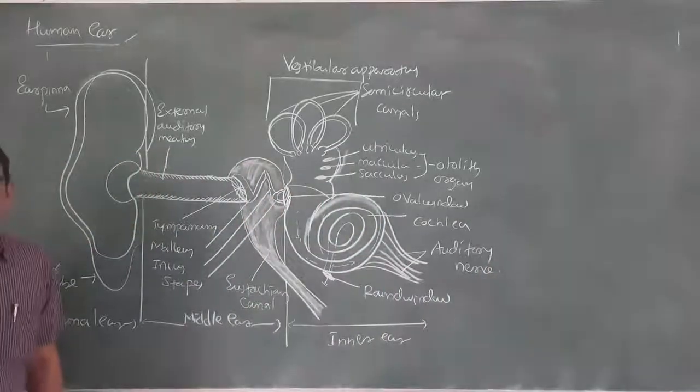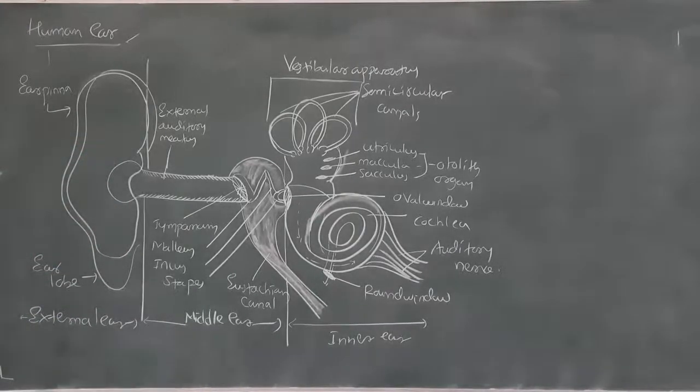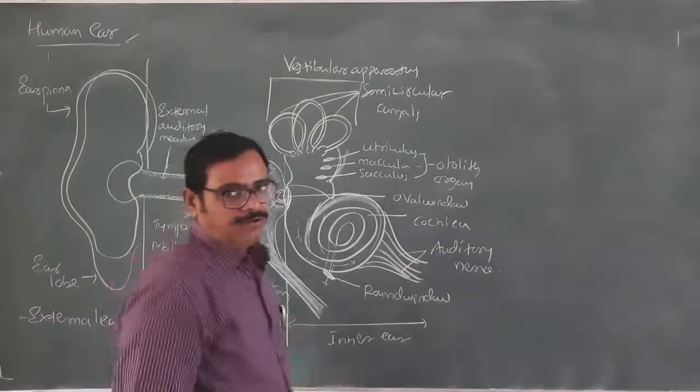Well, if we think of the structure of the ear, what you are observing on the board, it has the external ear, the middle ear, and the inner ear. We need to understand this much more coiled structure, the cochlea.